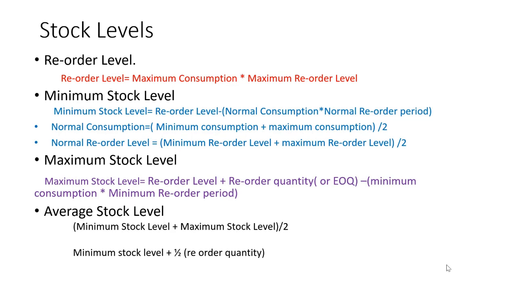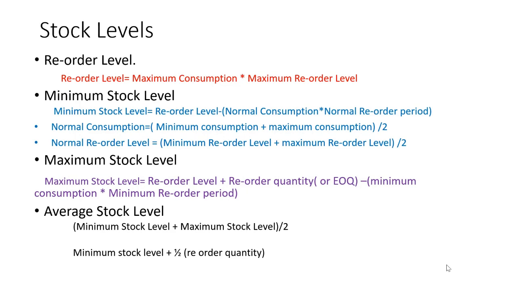Sometimes because of handling you lose materials, or while you store the material it may get spoiled, for many reasons. So maximum consumption is your regular consumption plus some extra units kept for emergency.